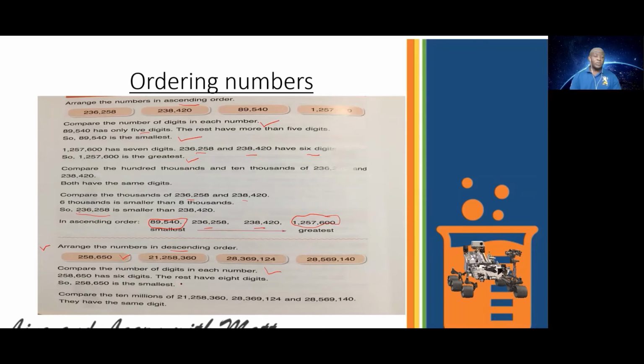So the number with 6 digits is the smallest number. Now compare the 10 millions. They have the same digits, which is 20 million, 20 million, 20 million.